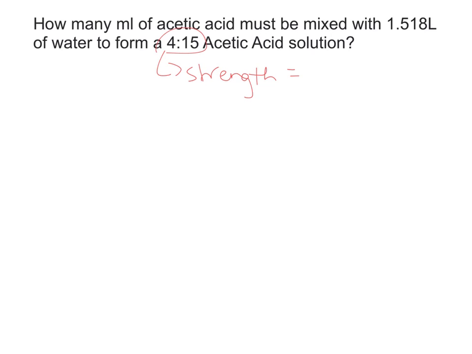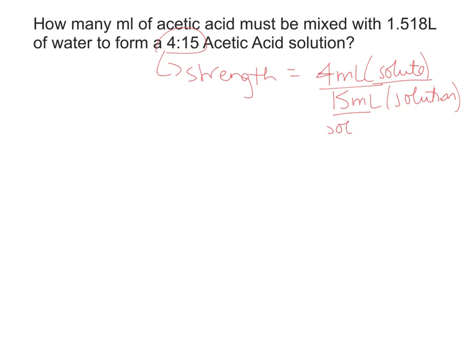So we're going to switch it to a fraction. So that would be 4 mils over 15 mils. But when you're dealing with mils over mils, it is a good idea, if you get confused, to write exactly what is what. So your solution is always going to be your denominator. And remember that your solution is your solute, so that's the chemical that you are using, in this case pure acetic acid, plus water.